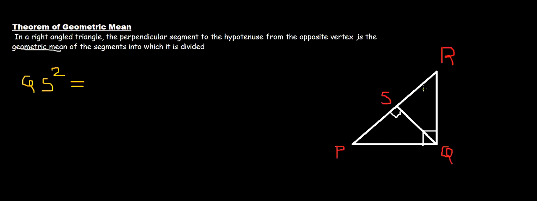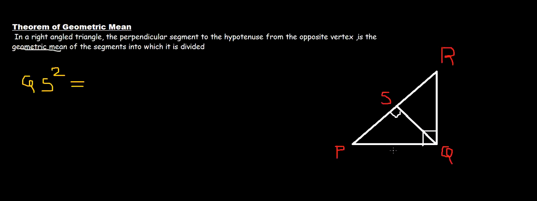So the hypotenuse is being divided into segments PS and SR by SQ, which is the perpendicular to the hypotenuse. So we have QS square is equal to PS into SR.